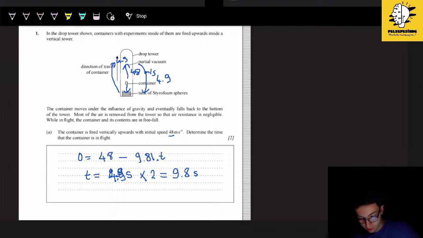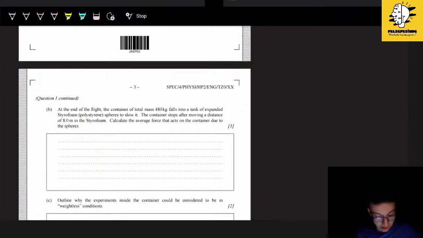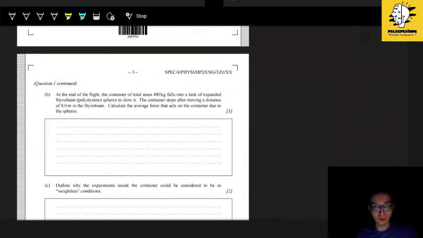So let me go with the next question. So in the next question, we will need a data booklet once again, because it says at the end of the flight, the container will fall onto a tank expanded with styrofoam, and the container has a mass of 480 kilograms. So it will slow down, but it will move for 8 meters in that styrofoam expansion. So let's find the average force that acts on the container due to the spheres.